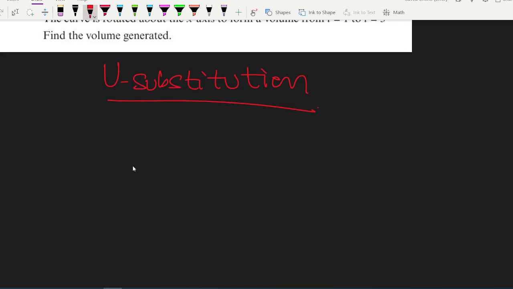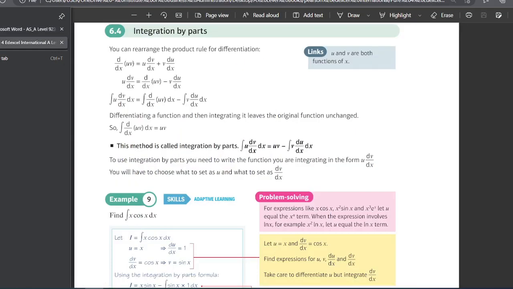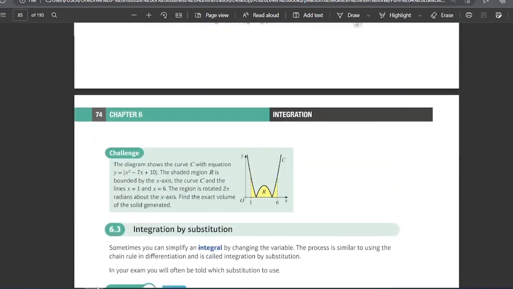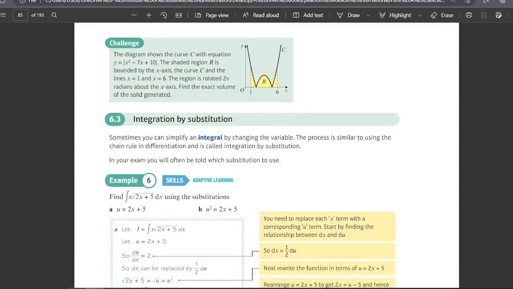It should be a revision for you because we have done this in P3. As far as P4 integration is concerned, u-substitution is one of the easy techniques. So let's directly jump onto the question.